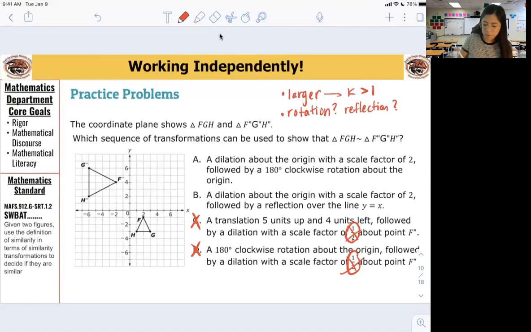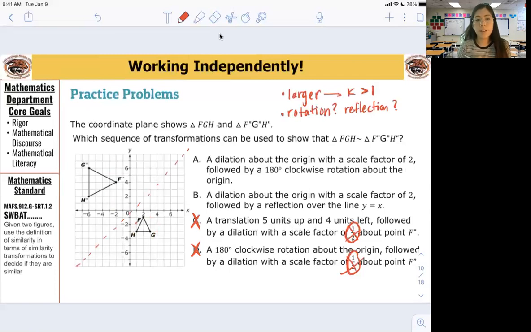So we start off over here, and it's a little bit tricky, right? Because are we doing this sort of thing, or is it flipping over the line y equals x?